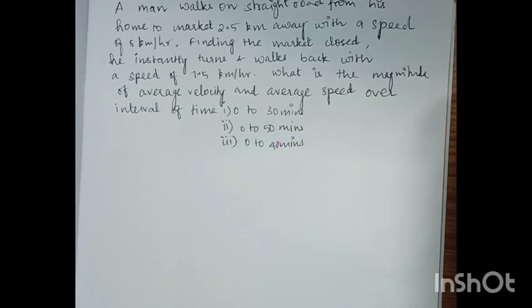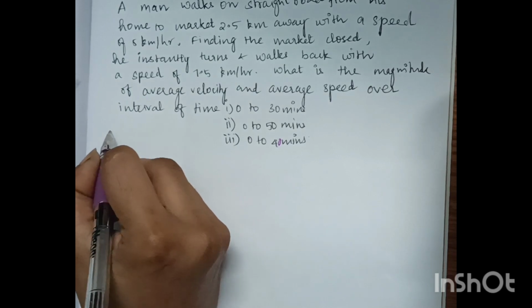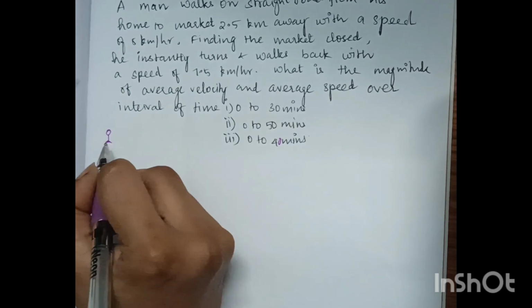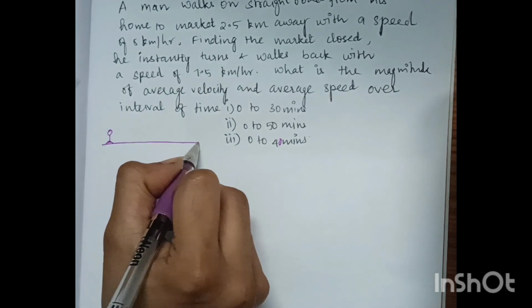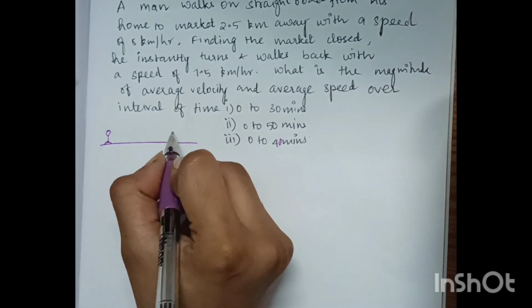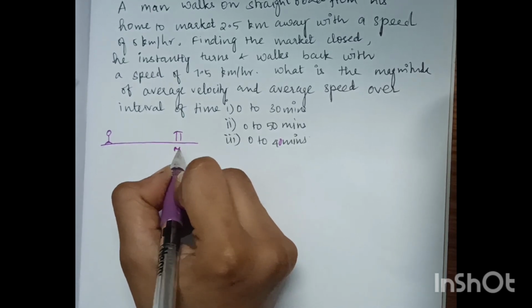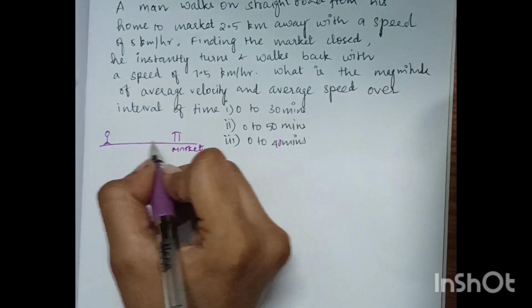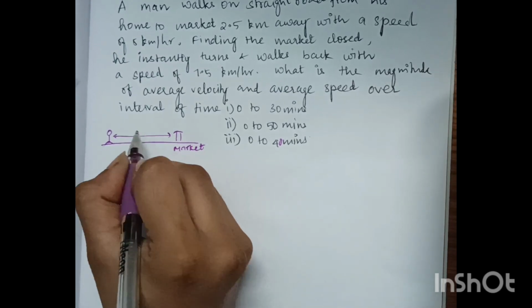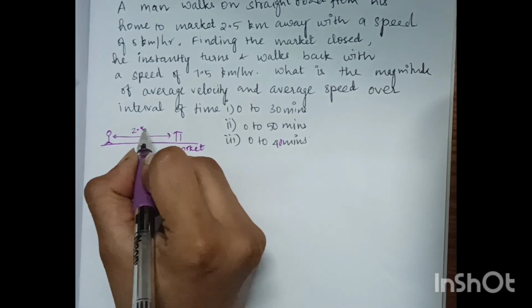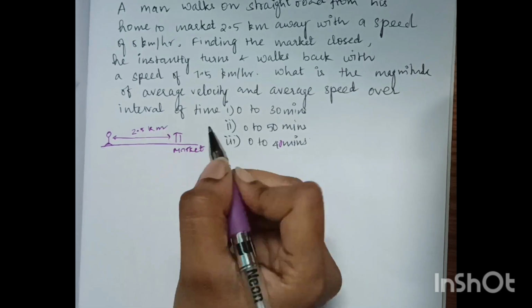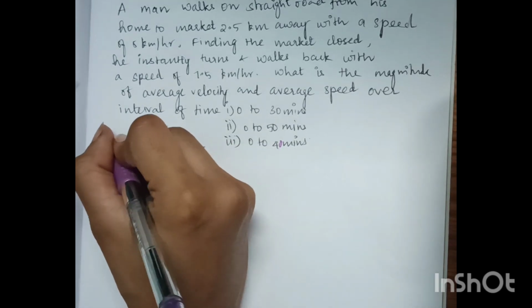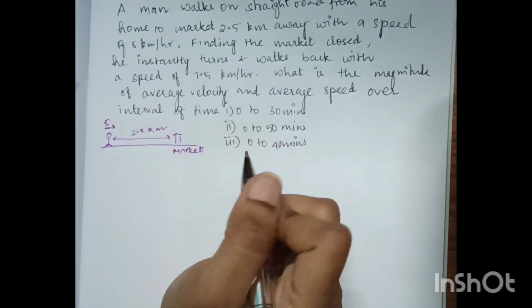Okay, let us see. So a man is starting to walk on a straight road from his home to a market. Suppose let us say this is the market, which is 2.5 km away. So the distance between the home and the market is 2.5 km. He is going with the speed of 5 km per hour.